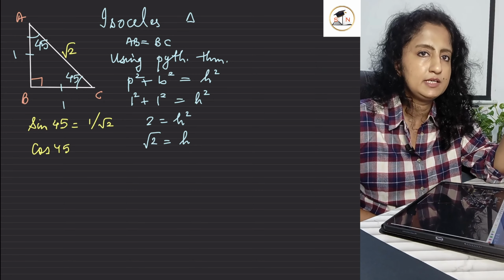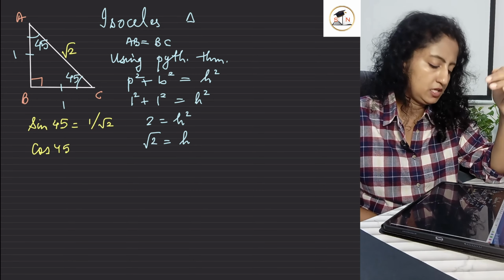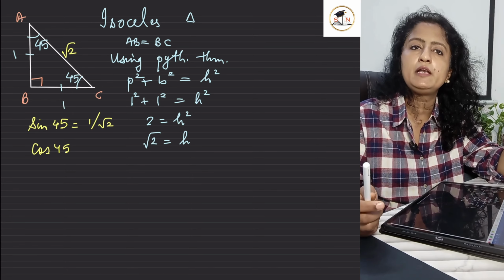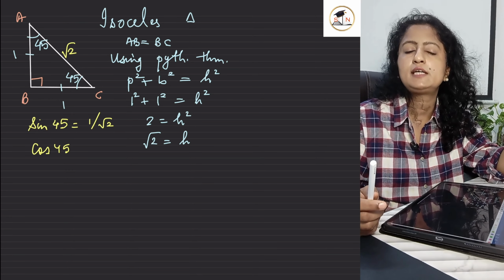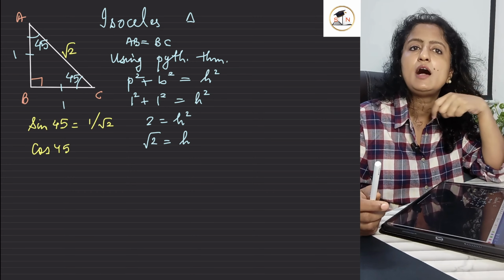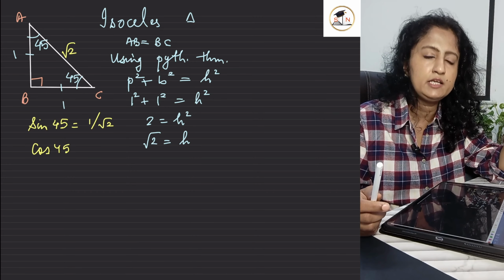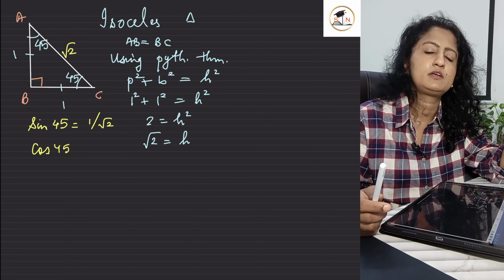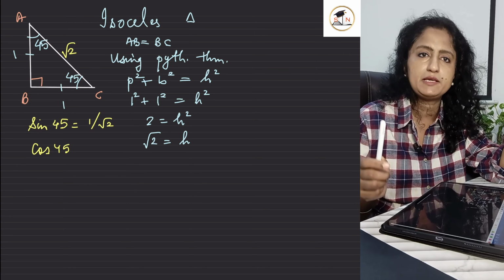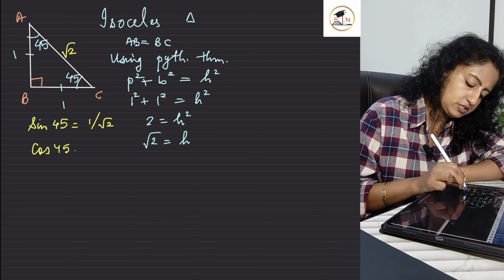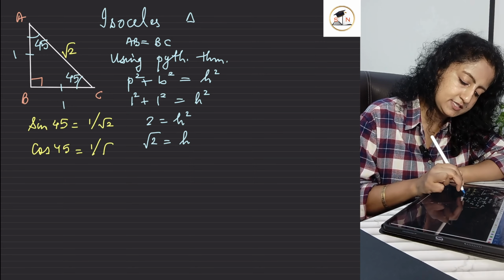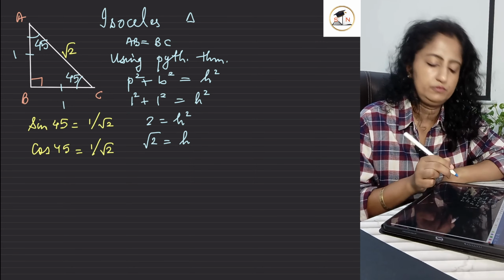Isosceles triangle है, same sides हैं, right? तो जिस भी एंगल को रेफर करोगे, उसकी opposite side is your perpendicular. उसके साथ टच करने वाली साइड, स्ट्रेट साइड, is your base and the slant is always hypotenuse. I am again and again telling you that जिस भी एंगल को हम रेफर करते हैं उसकी ऑपोजिट साइड परपेंडिकुलर होती है और उसके साथ वाली साइड बेस होती है. ओके. तो अब cos 45 क्या बन जाता है? बेस ओवर हाइपोटेन्यूज, which is again 1 by root 2.